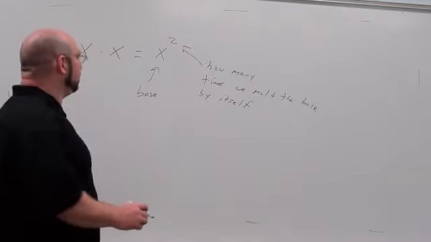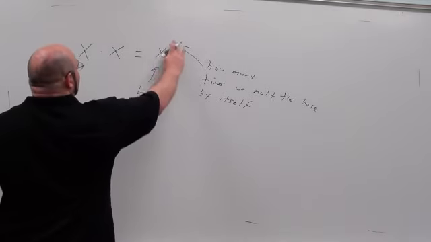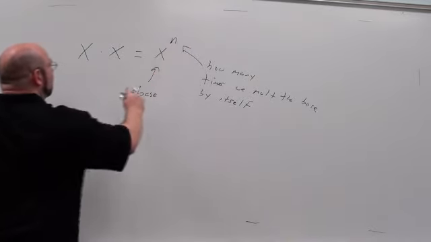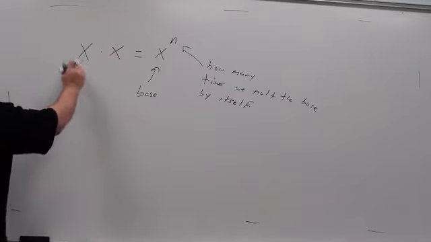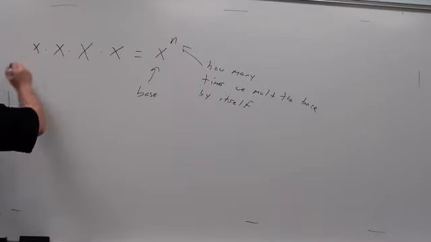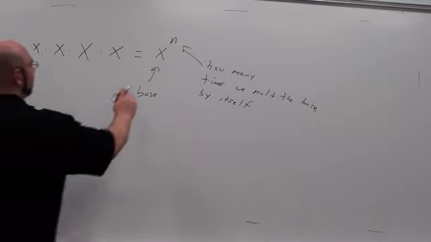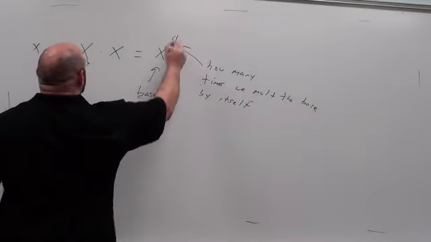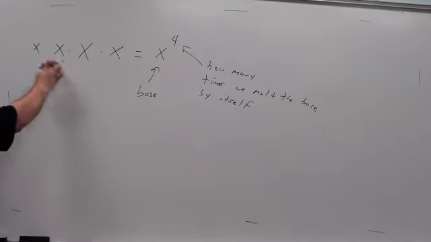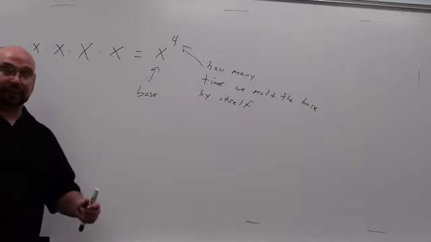If I really wanted to change this up, I could make this an n, to say that this would be x times x times x times x until we got all the way to the n. But in our case, if I make this a 4, it'd be x times x times x times x. That's what that means.